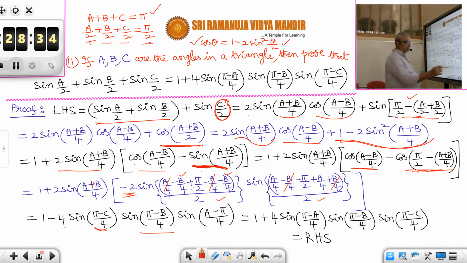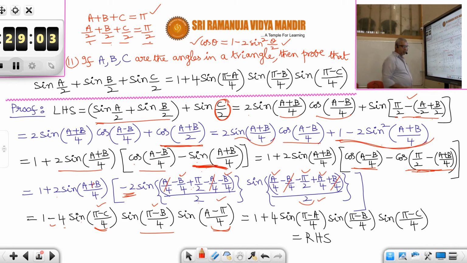Okay, here a by 4 plus a by 4 is a by 2. A by 2 minus pi by 2 is a minus pi by 2, by 2 is again there. So a minus pi by 4. Okay, so these two are okay. So here pi minus c, pi minus b. But here a minus pi is there, therefore take that minus sign outside.